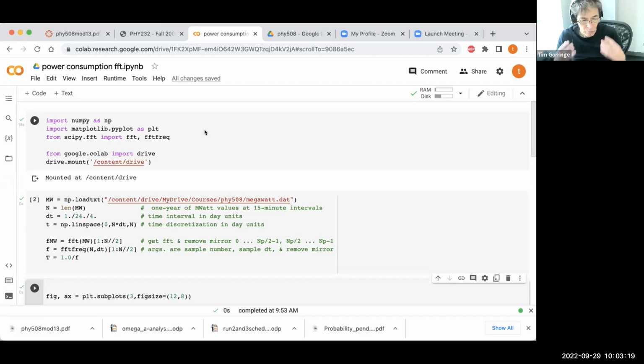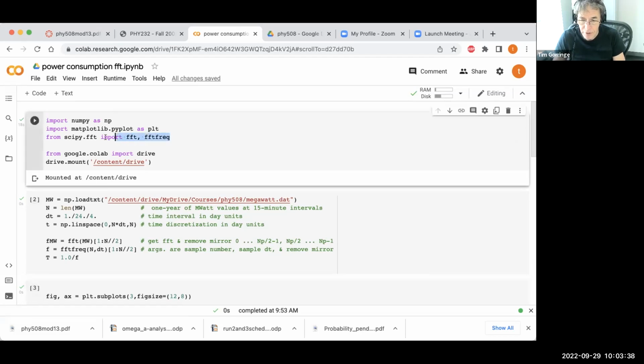So we're going to read in that data and then basically make a discrete Fourier transform of that data. And then we're going to examine the Fourier transform of the data. Let me start by saying a few words about the code. Here's my code.